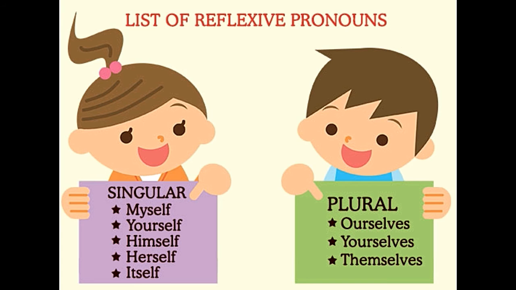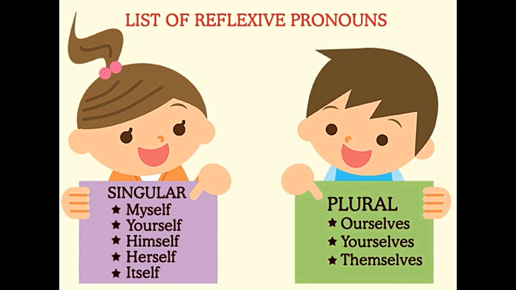Reflexive pronouns in different languages. Personal pronouns in English, French, Spanish, and German. First person singular: I, myself; je, me; yo, me; ich, mich. Second person: you, yourself; tu, te; tú, te; du, dich.